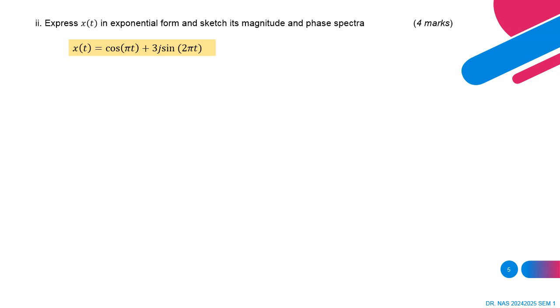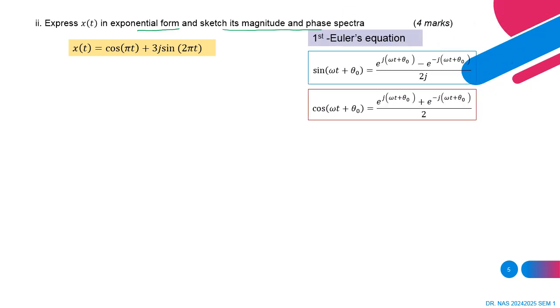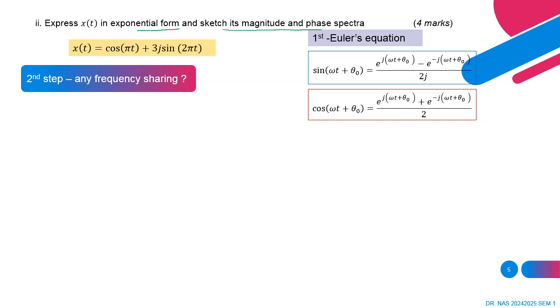Okay, secondly, you need to express the given equation in exponential form and then sketch both the magnitude and phase spectrum. In order to convert the trigonometric equation into exponential form, you need to remember Euler's theorem for both sine and cosine. And then you need to check for frequency sharing between components.